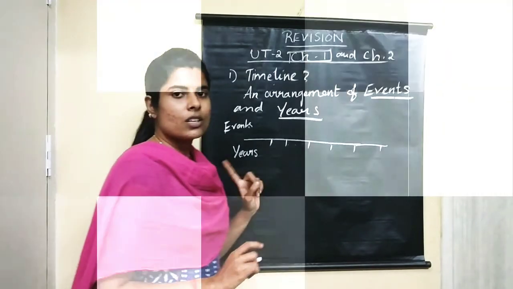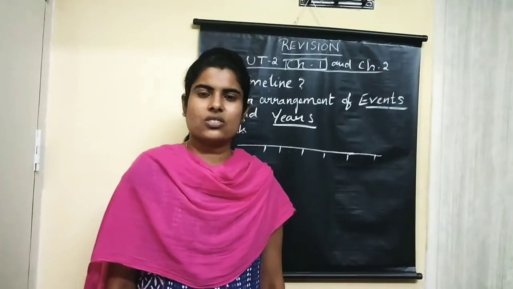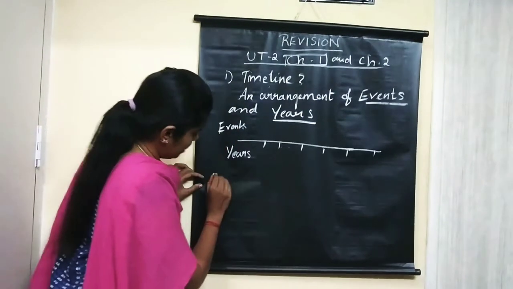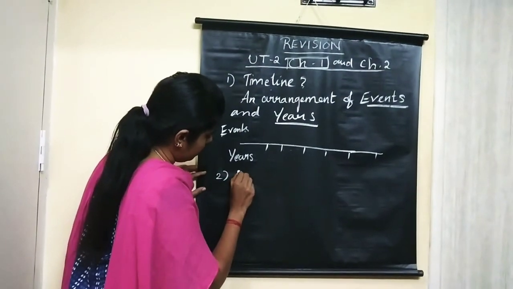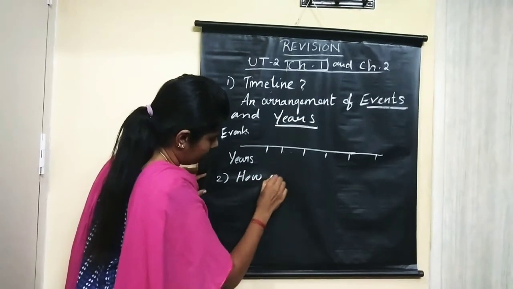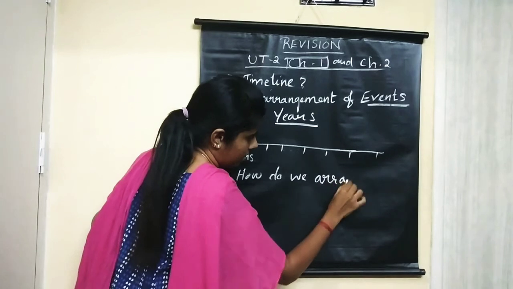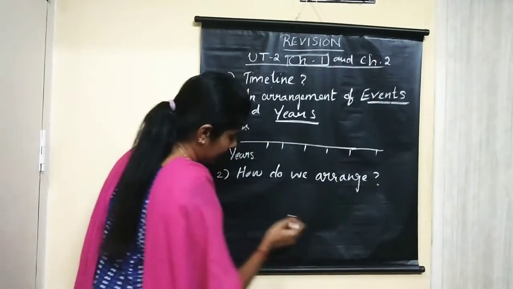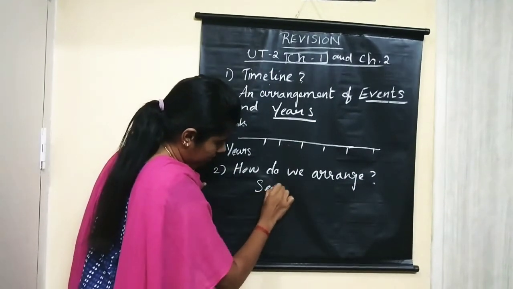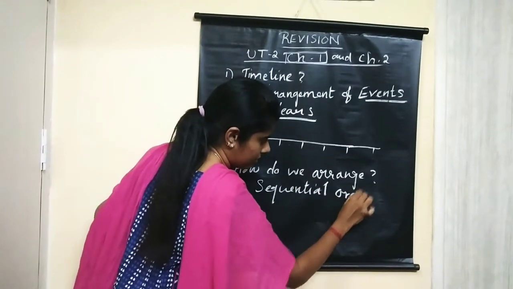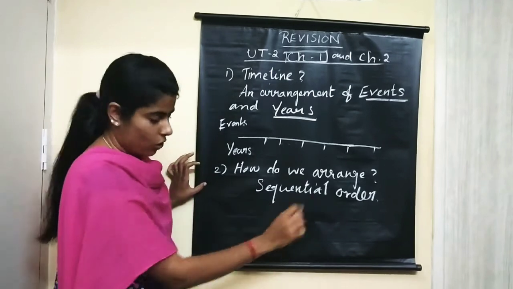Okay. So how do we arrange the events, children? We arrange them in ascending order. How do we arrange? We arrange them in the sequential order. Sequential order, that is, in ascending order.